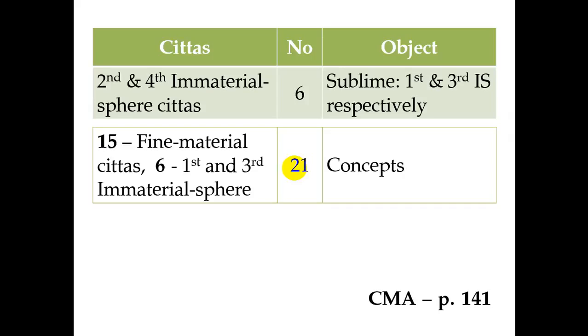Therefore it is called the infinity of space, right? The second immaterial jhana takes the first jhana. The moment you attain the first jhana, the first jhana takes infinite space, right?